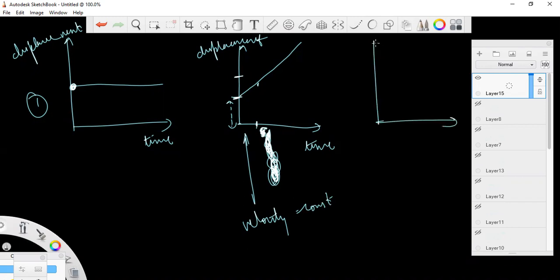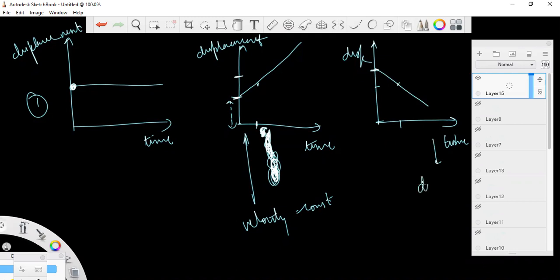Even for a displacement and time graph, however I make the straight line, even if I make it like this, it means that the displacement is decreasing with time. As you increase the time, the displacement is less than the initial value. Here the displacement is increasing, but this one is decreasing at a constant rate.